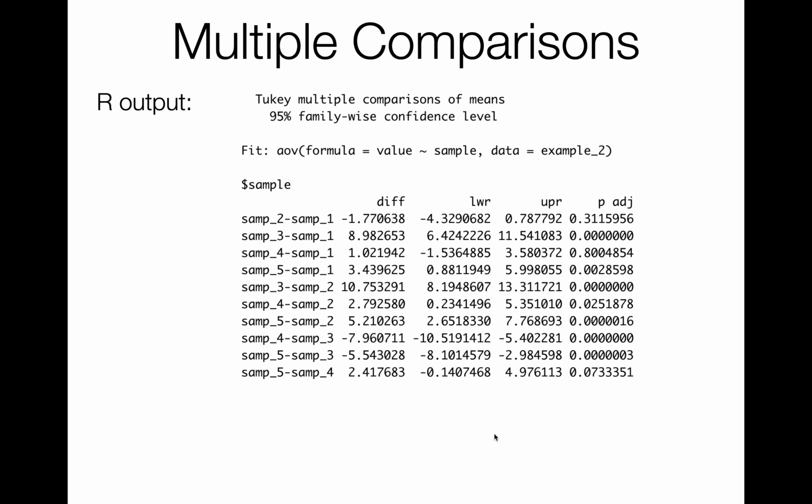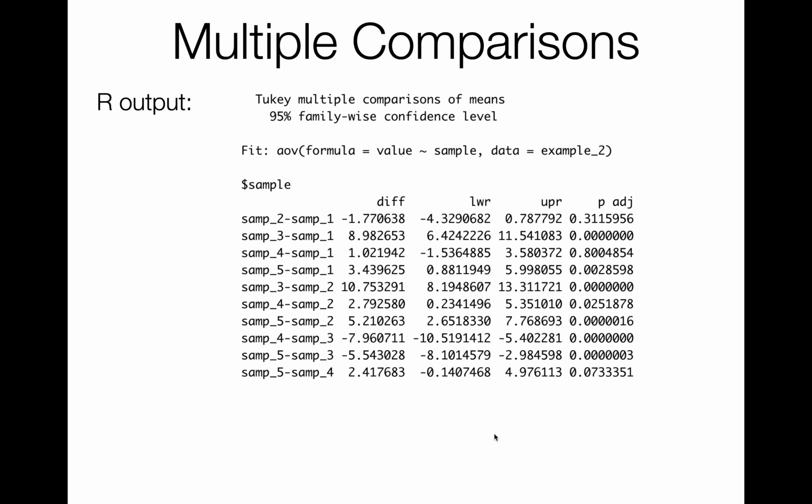So if you look at the interval and 0 is contained in the interval, then you can't conclude that there is a difference. Similarly, if the p-value is going to be greater than 1 minus that family-wise confidence level above, or rather, you don't have to worry about the family-wise confidence level above.